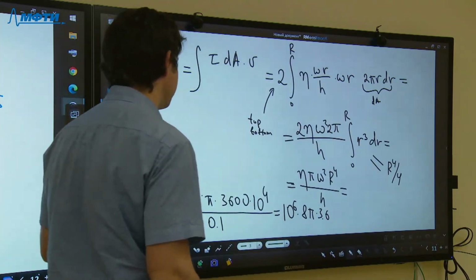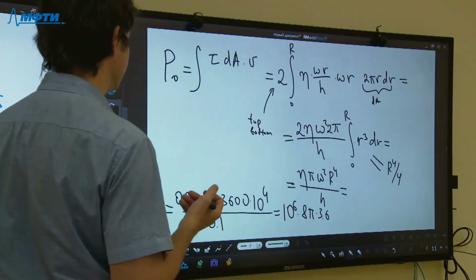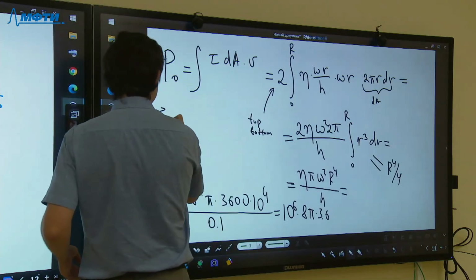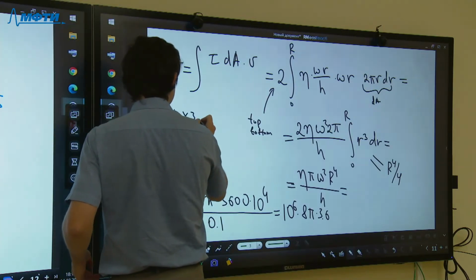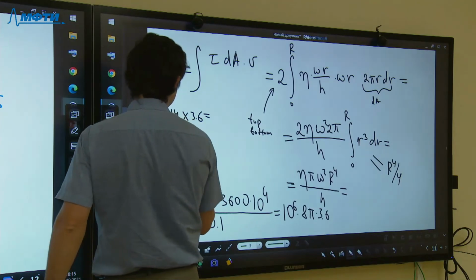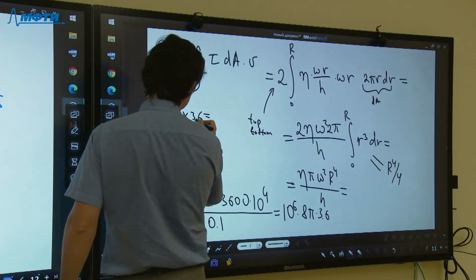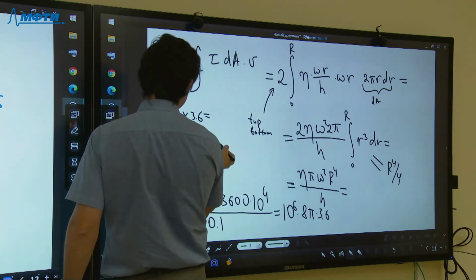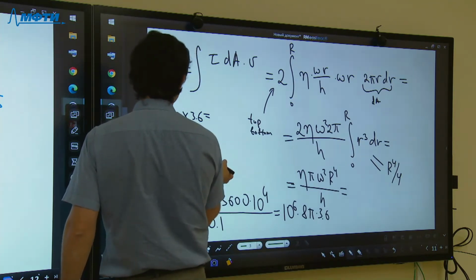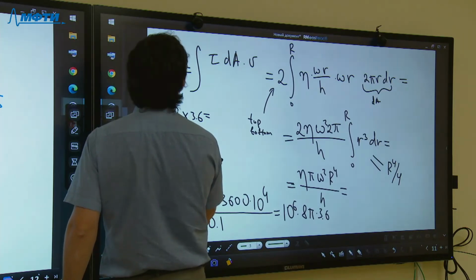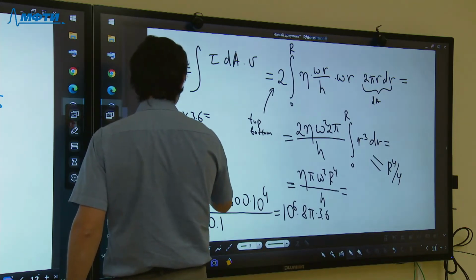Okay, let's do a rough calculation of this. 3.14 times 3.6 would give you something like, okay, if I multiply this by 3, that would give me 10.8. 10.8 plus 0.4, so this is 11.2 approximately.